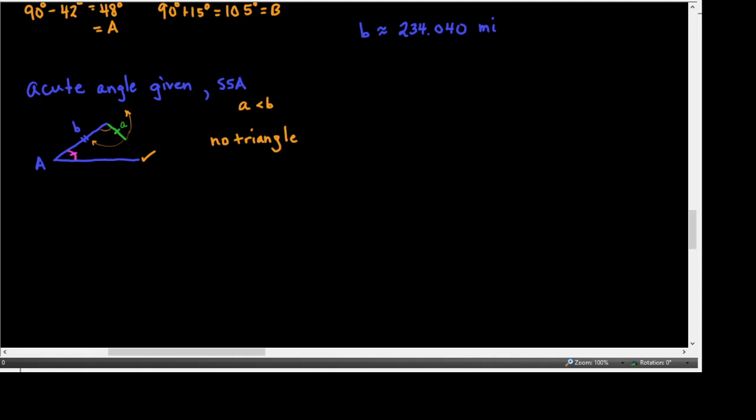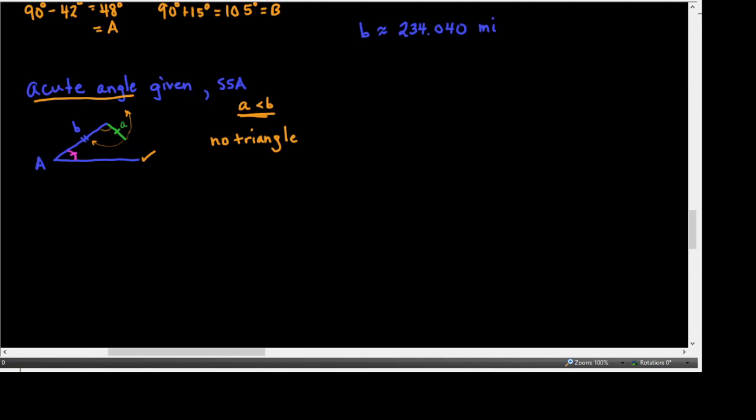So for right now, besides having an acute angle that's given, the two sides that are given, the side opposite that acute angle is shorter than the other side given. So these are kind of the two guiding principles for this. Now, in order to come up with the idea that there is no triangle, it's no triangle because the side A never hits the bottom of that triangle, but well, potentially a triangle.